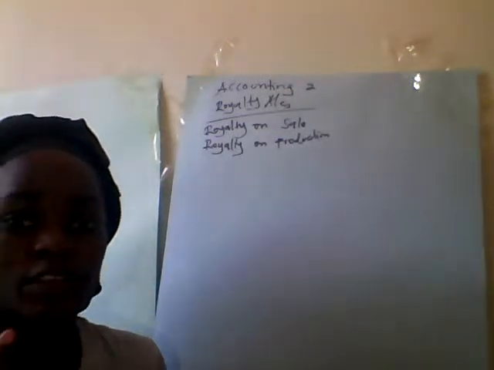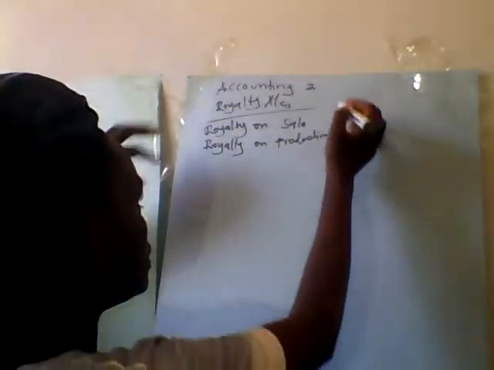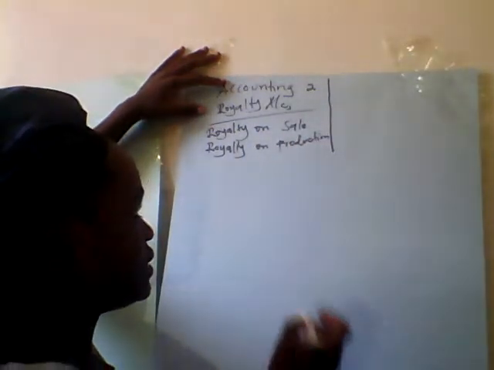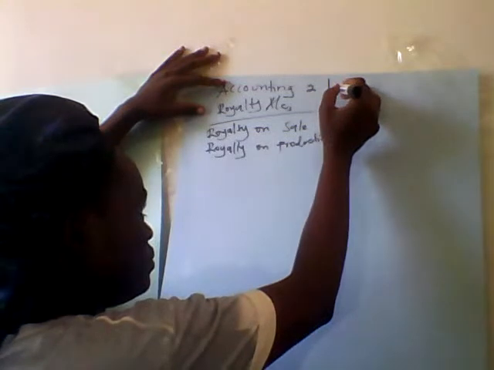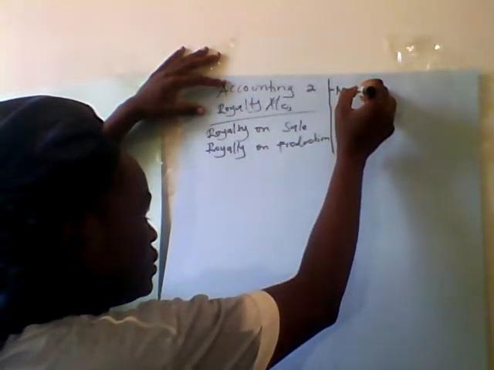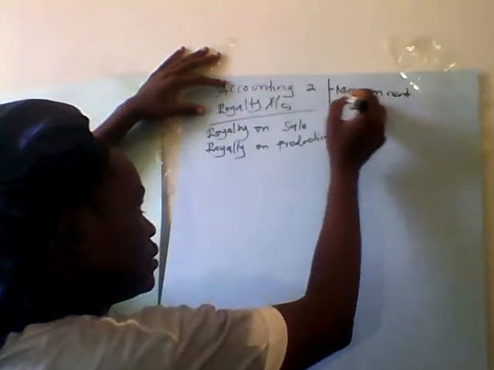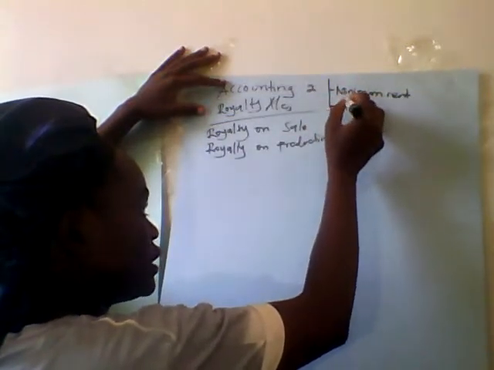Then we have key terms in royalty. We have royalty itself, which is the payment. Then we have what we call minimum rent. We have short workings.